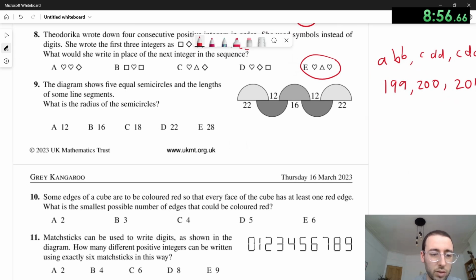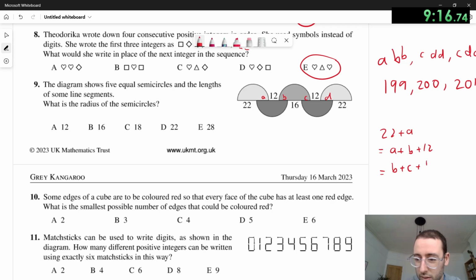Okay, 5 equal semicircles lengths. What's the radius of each semicircle? Okay, 22 plus A equals A plus B plus 12 equals B plus C plus 16 equals C plus D plus 12 equals D plus 22. So C has to be 10.